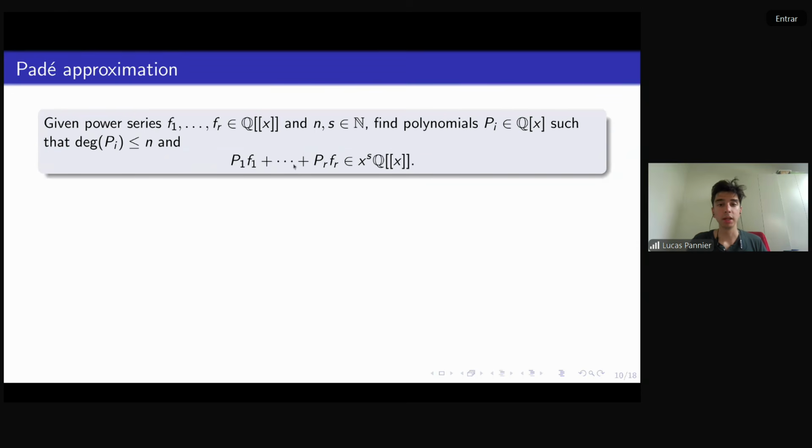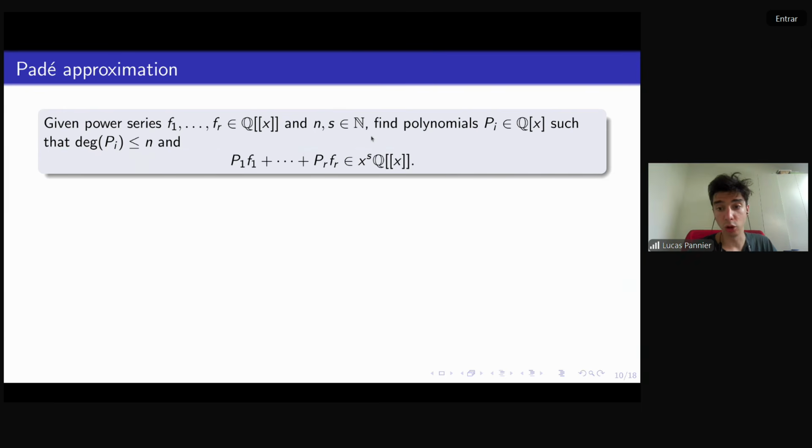Okay. So what is a Padé approximation? Well, it actually comes from a problem. The problem is: given some power series and two parameters, can we find polynomials such that the degrees of these polynomials are bounded by the parameter n, and the linear combinations of the power series with the polynomials have a prescribed order, at least an order S equal to the second parameter?